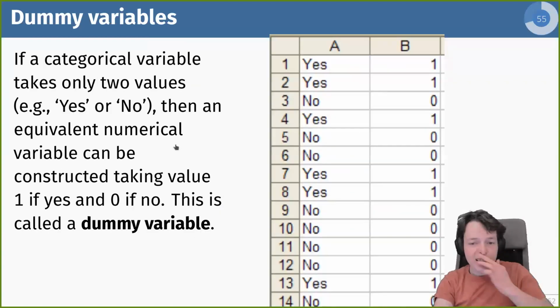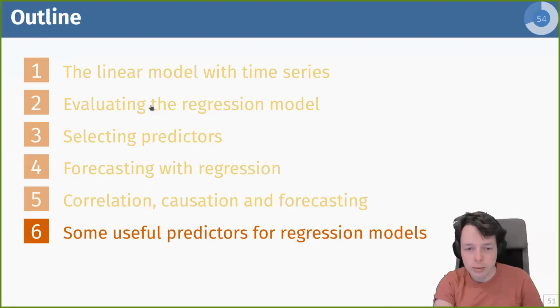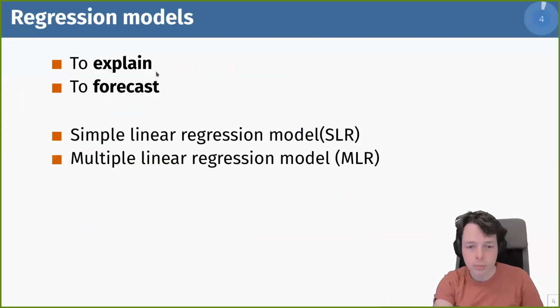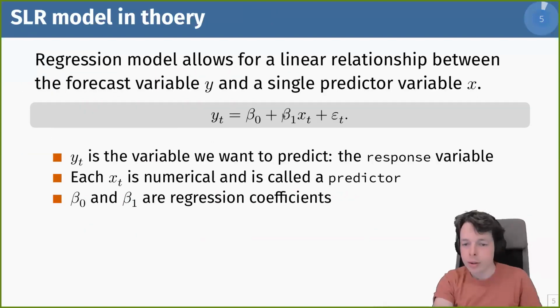Now, if we think about this with our regression, let me go back to the linear model. We've got y_t equals an intercept plus x_t times beta 1. Imagine x_t now is a dummy variable. If you said yes to the question, then we would have a value 1 for x_t, and we'll end up for our prediction with beta 1 times 1.